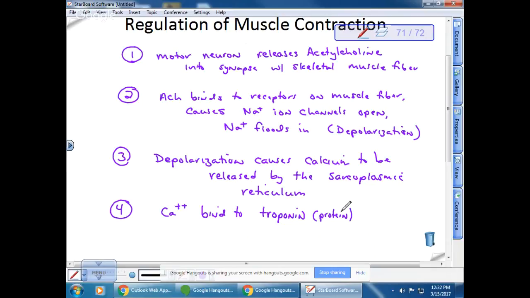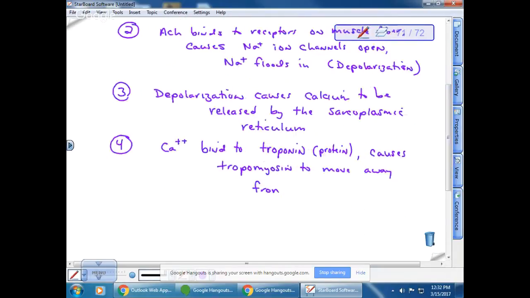So troponin is a name of a protein that binds the calcium, and this causes tropomyosin, another protein, to move away from the myosin binding sites on the actin. So this opens up the binding sites, right? And so this ultimately leads to what is called cross-bridge formation.